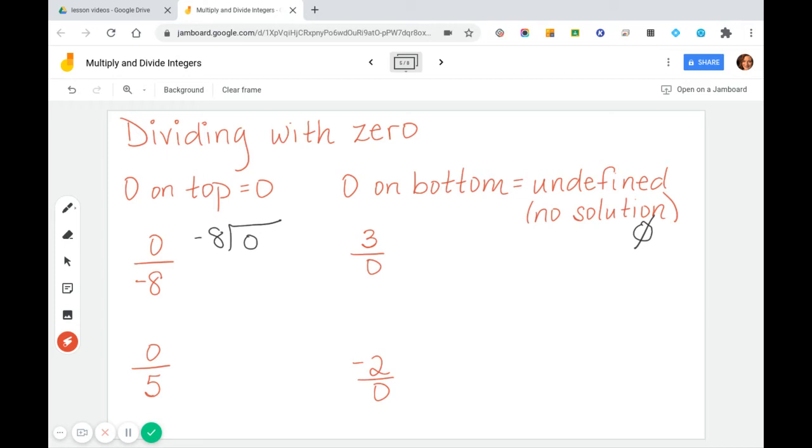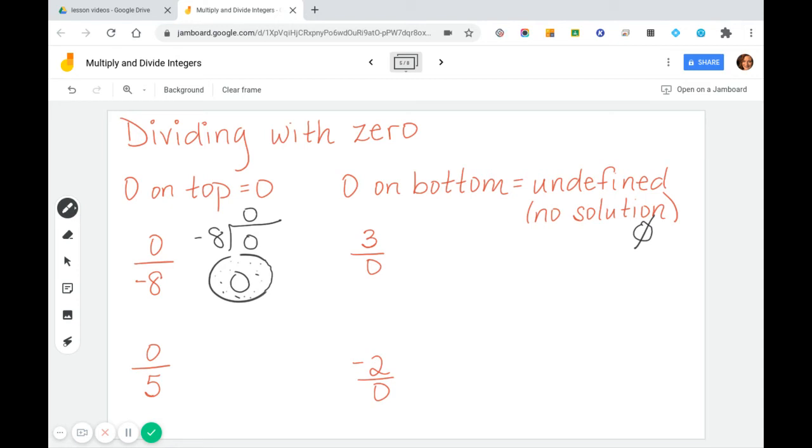Well, multiply anything by 0 and you get 0. 0 times negative 8 is 0. So that's why my answer is a 0. It's a donut. That's what we always say in class. Sometimes I get really fancy with my donuts and I give them little sprinkles just to see if the kids are paying attention because I'm dorky like that.